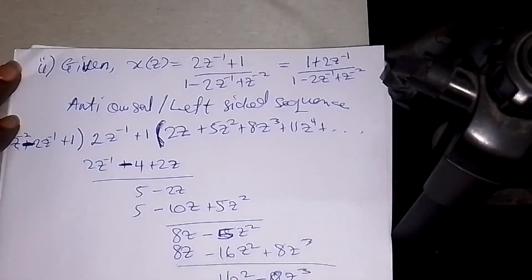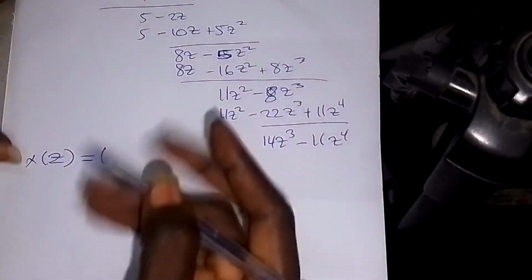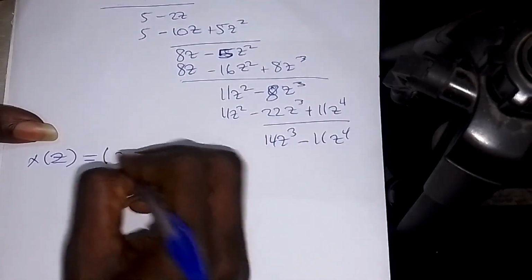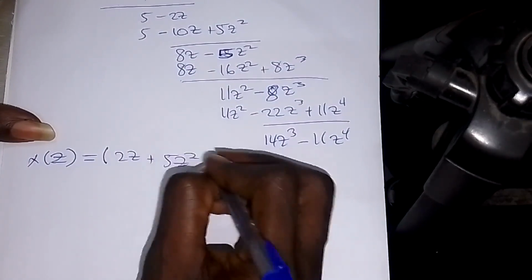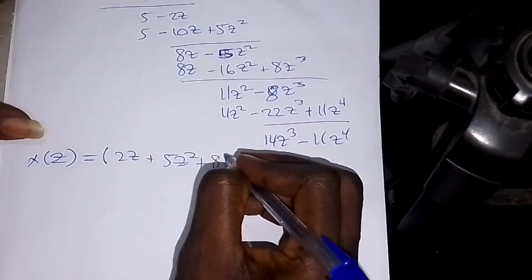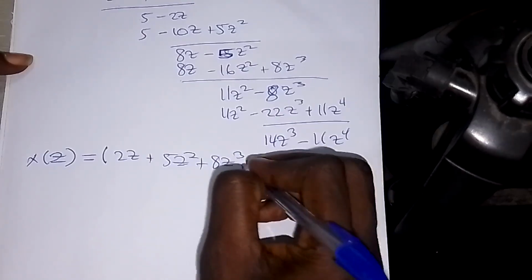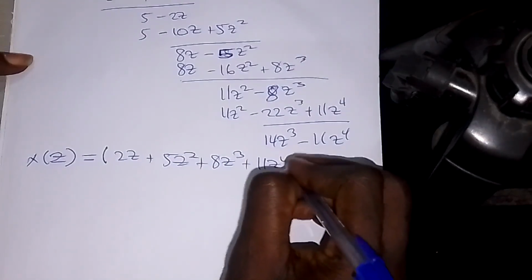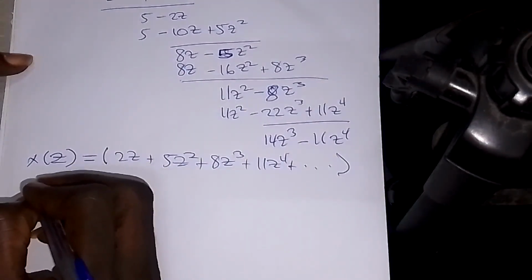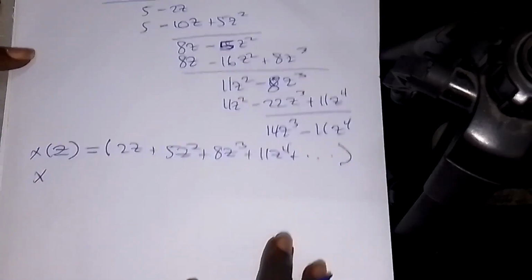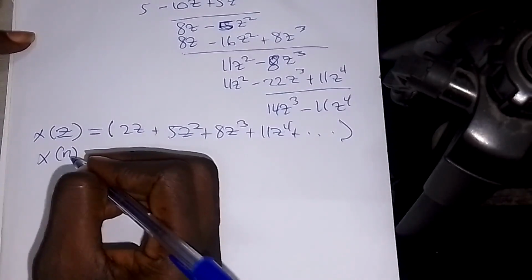So now I can say that here I have 2z plus 5z squared plus 8z cubed plus 11z exponent 4 plus up to infinity. But we know that what I have here is a left-sided sequence, anticausal.